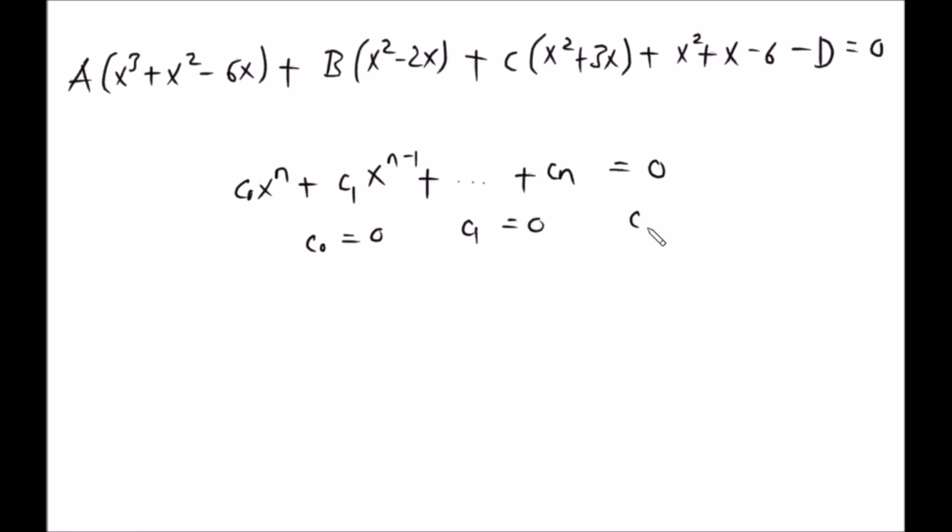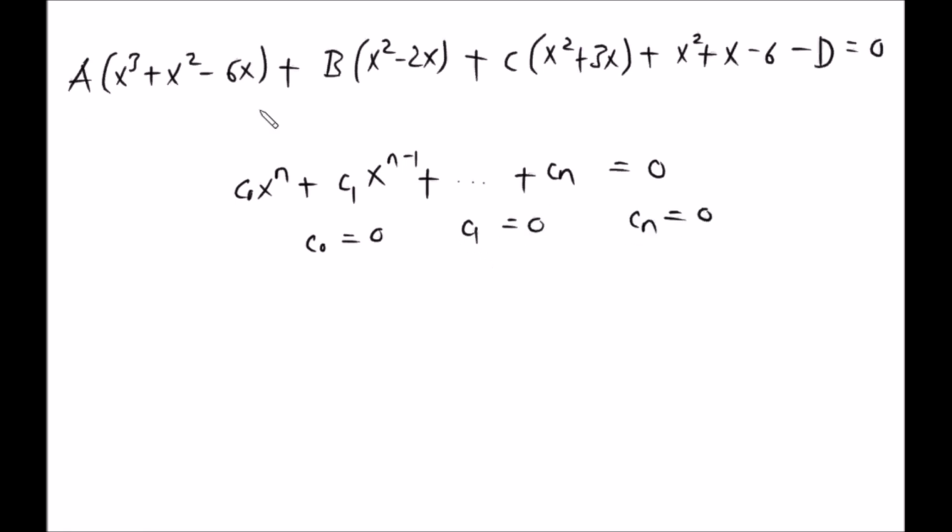So we said this, kama polynomial function kama hii c1 x power n hivi mpaka cn ni sasa na 0 for all values of x, then na hizo coefficient zote zina vanish.